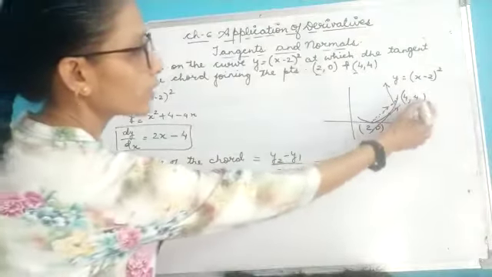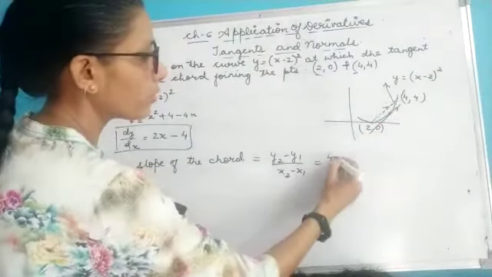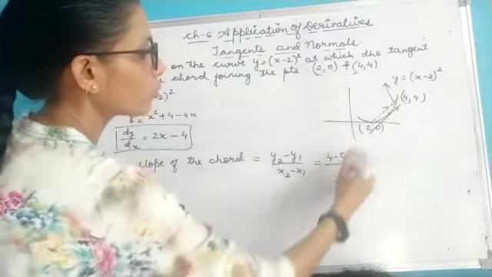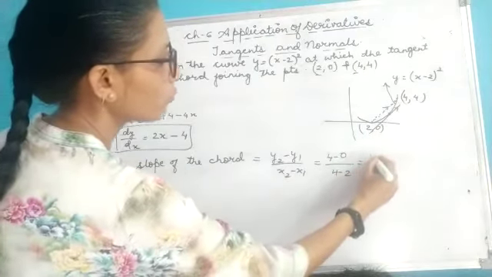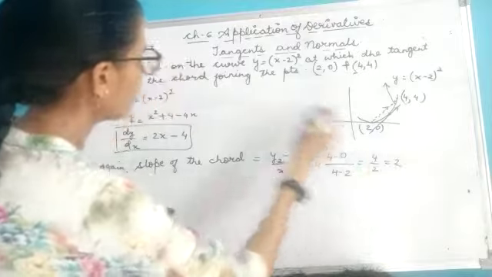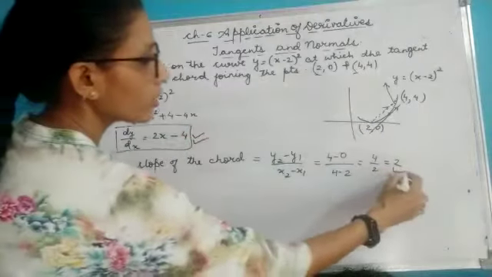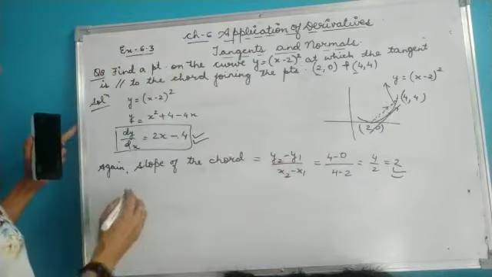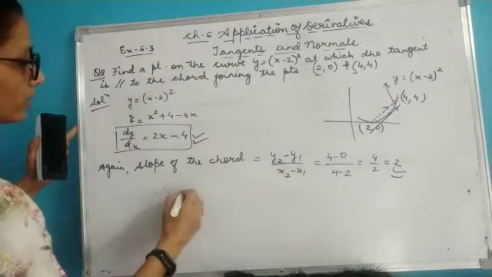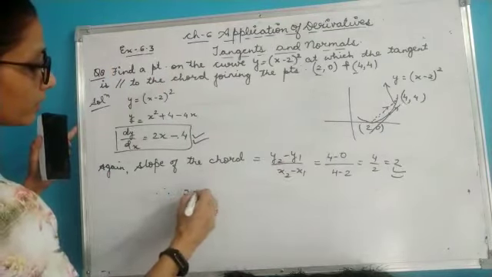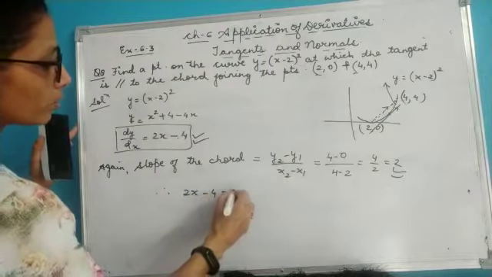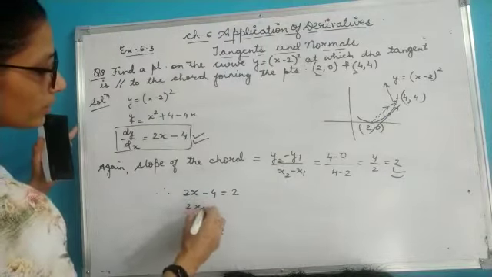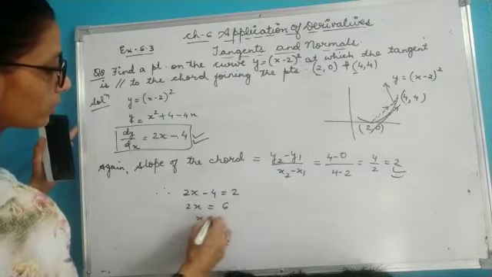So y2 minus y1 is 4 minus 0, and x2 minus x1 is 4 minus 2, which is equal to 2. Now these two lines are parallel, therefore the slopes will be equal. So dy by dx, that is 2x minus 4, equals 2, or 2x equals 6, or x equals 3.